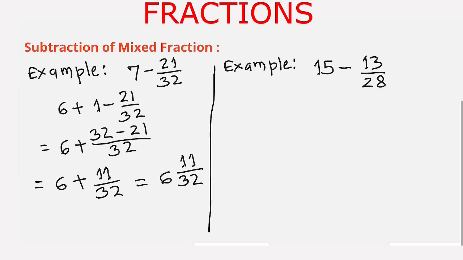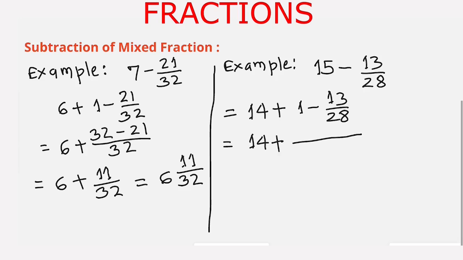The example given to us is 15 minus 13 upon 28. This is equal to 14 plus 1 minus 13 upon 28. This is equal to 14 plus, the LCM of 1 and 28 is 28, and this is equal to 28 minus 13 upon 28.